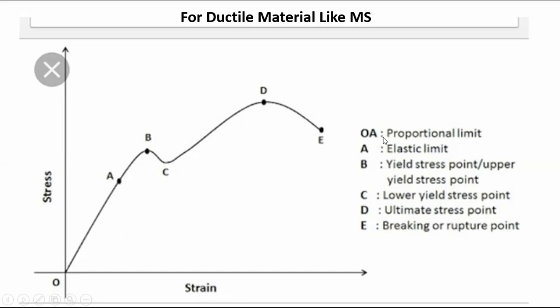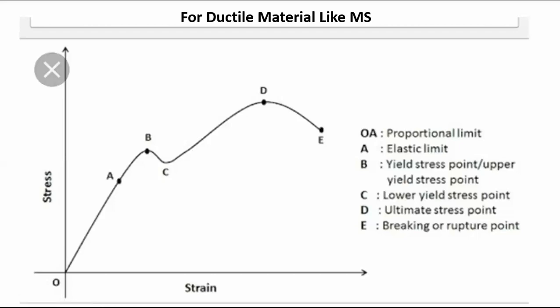As I already told you, this point A is the proportionality limit or elastic limit. That means up to this point A, the material shows a proportional change in stress and strain.